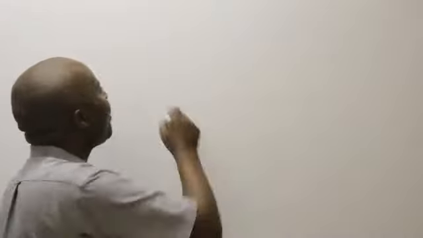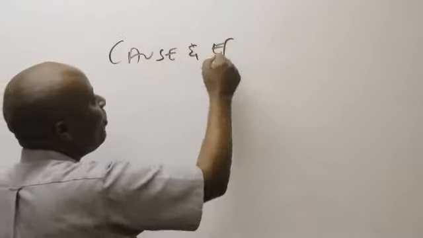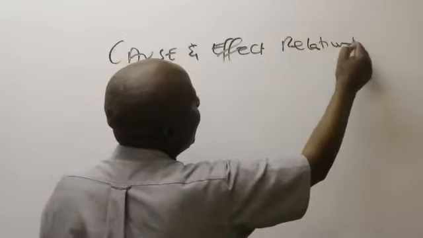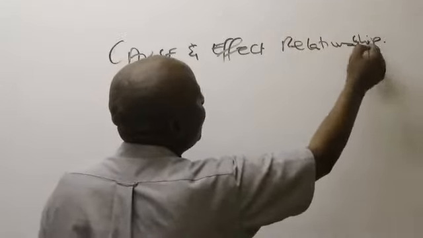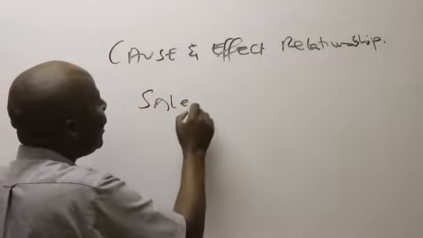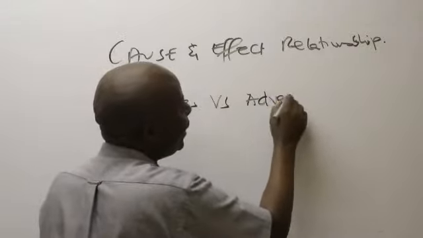Company science, we have what we call cause and what here? Cause and effect relationship between variables. Ladies and gentlemen, we know that, for instance, sales is directly related with what here? Advertising.